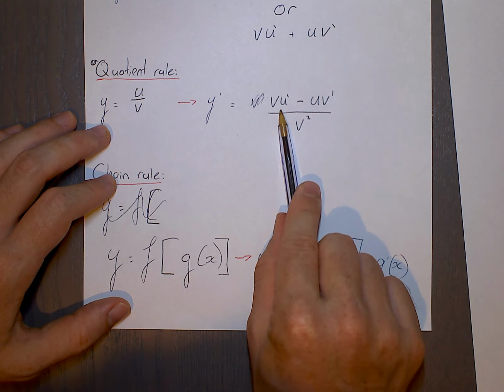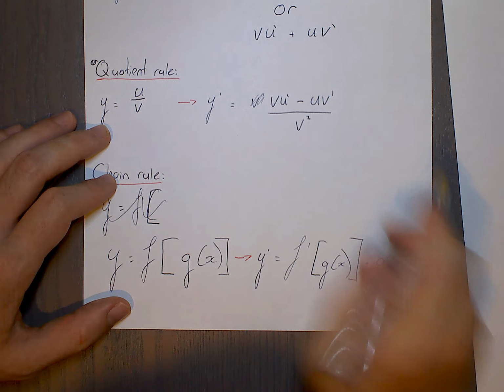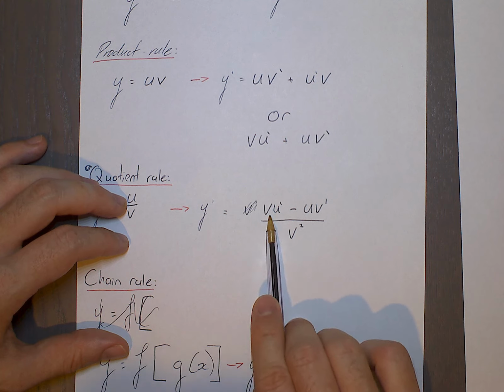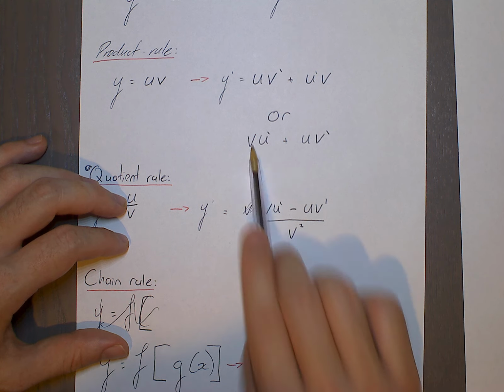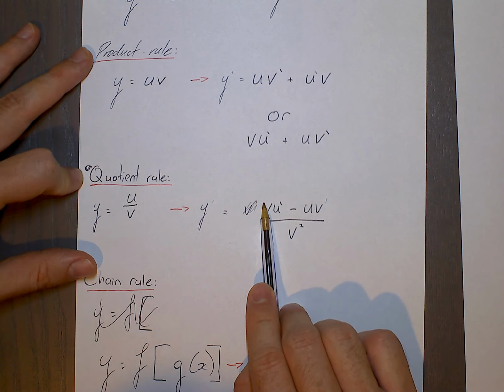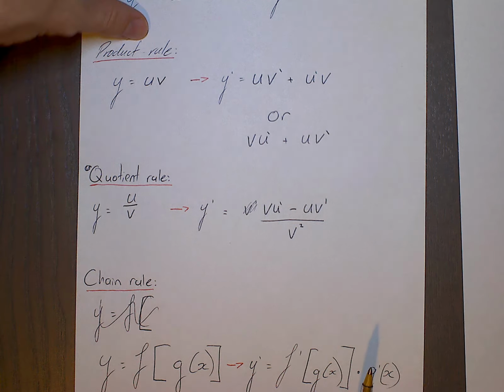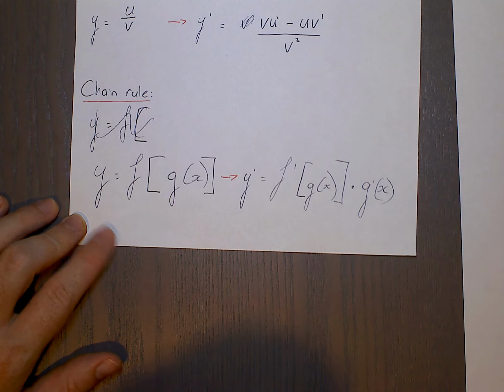So the quick little rule that I remember to make sure I don't get confused in an exam and I switch this up because these are different is I always do v u dash first. Okay, in both instances, in the product rule and the quotient rule. Okay, that's just a little hint. You don't have to take it. If you want to stick to your reference sheet, you're more than happy to. I'm more than happy for you to do that.